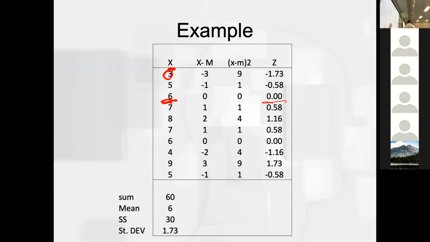All right. So, yeah, you can see for every individual x point, knowing our standard deviation of 1.73, we just take the x minus the mean, in this case 6, and divide it by that standard deviation, and we get all of our z-scores. Now, what happens when I sum up all of these z-scores?